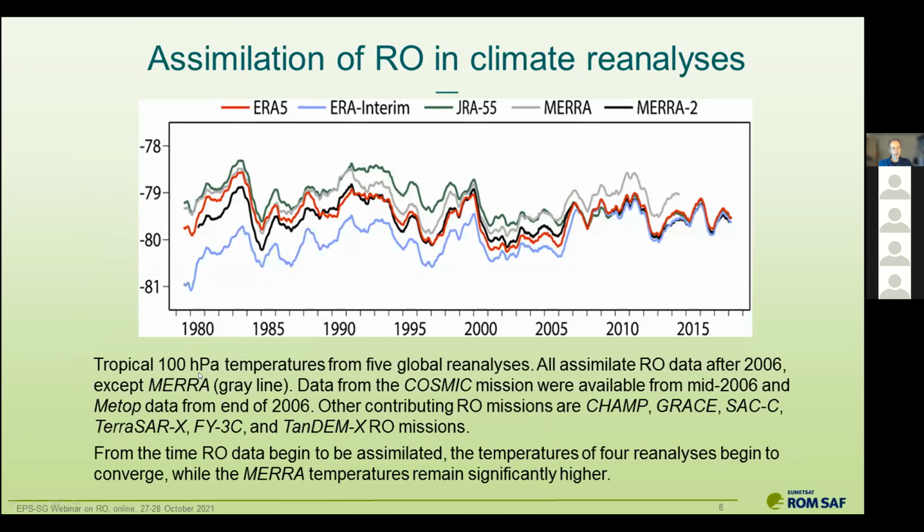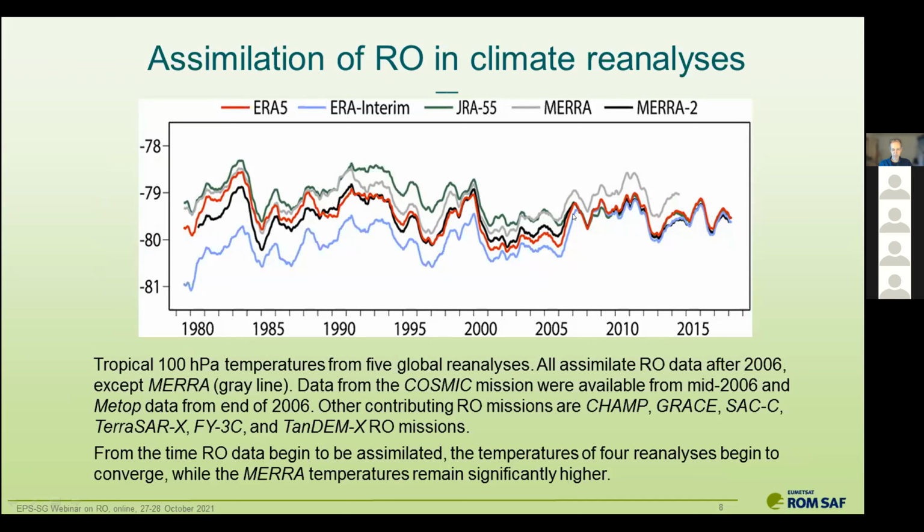This plot shows 100 hectopascal temperatures in the tropics from 5 global reanalyses. All of them, the colored lines here, assimilate our data except the gray line, MERRA. But they didn't start assimilating our data until 2006.